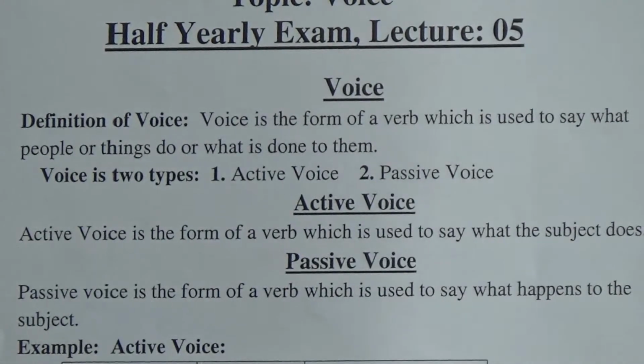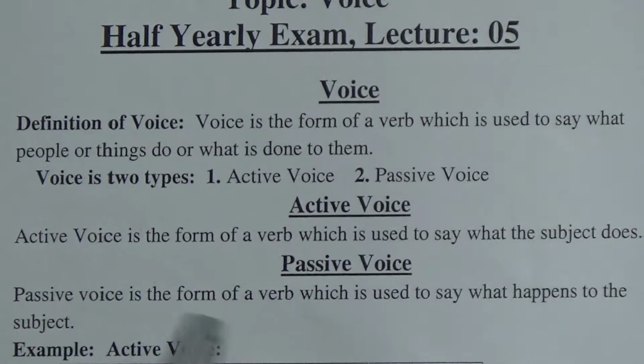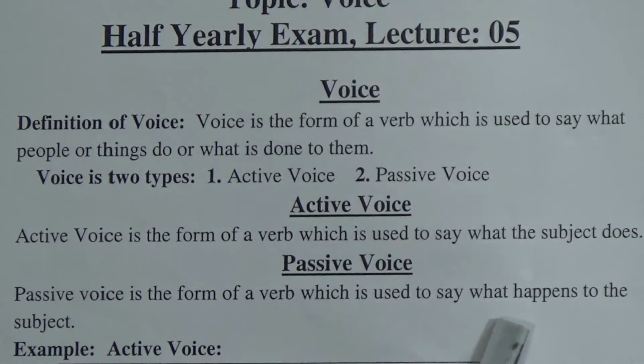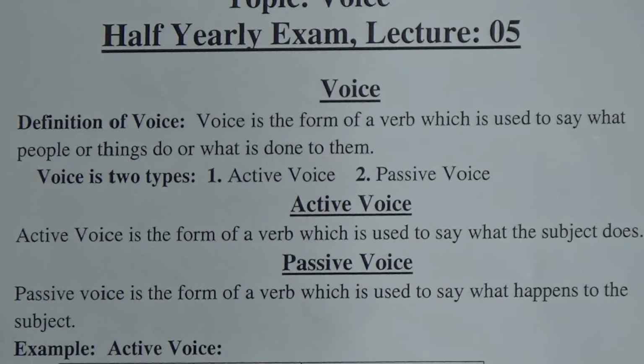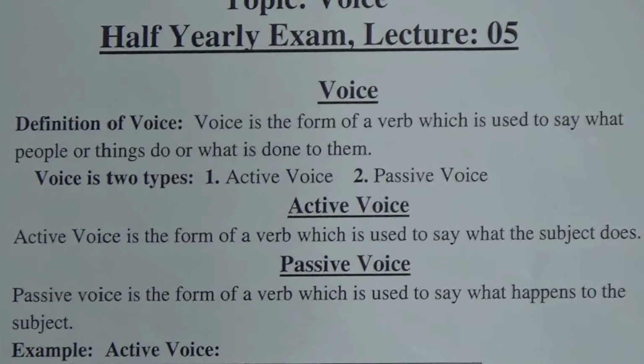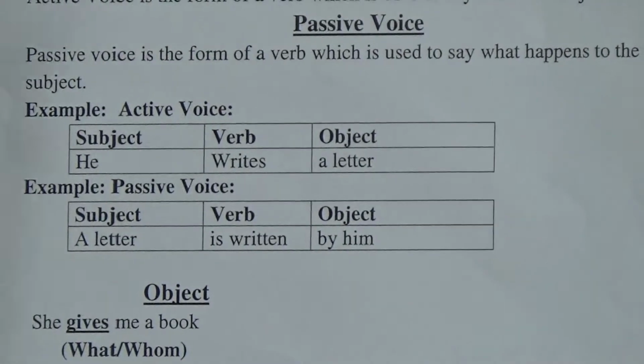Active voice is the form of a verb which is used to say what the subject does. Passive voice is the form of a verb which is used to say what happens to the subject. For example, active voice: he writes a letter, he is the active person here. Passive voice: a letter is written by him. We will discuss later. So this one is very important.